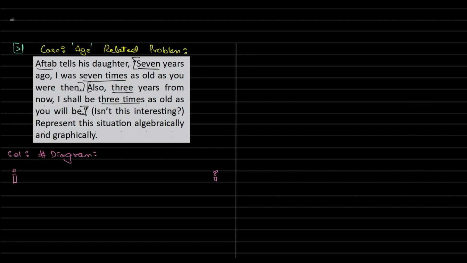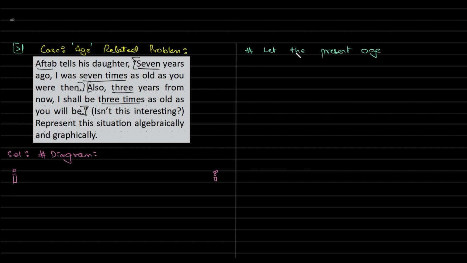Before we start anything, we need to understand what it is that we have to find. With that, we need to write a statement. Let the present age. The idea here is we're talking about age. The word might not be used, but it's very certain that we are talking about age.